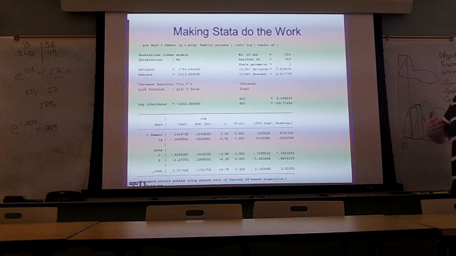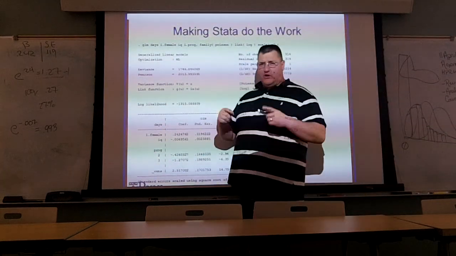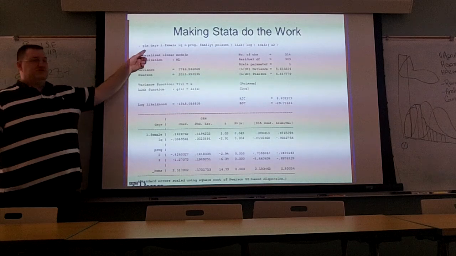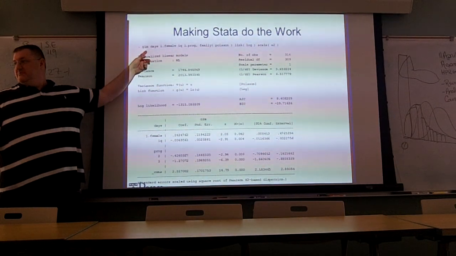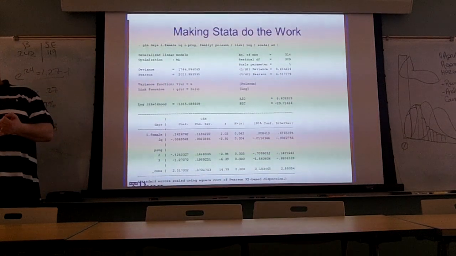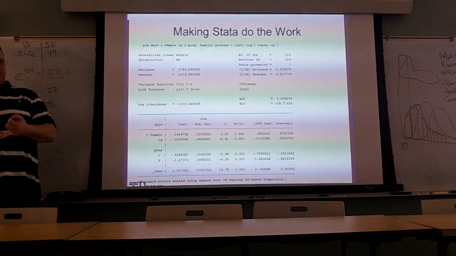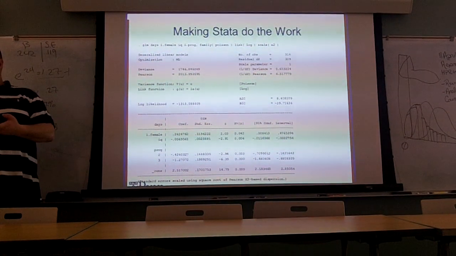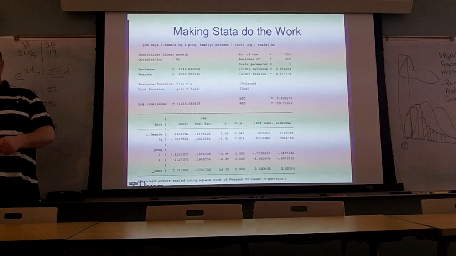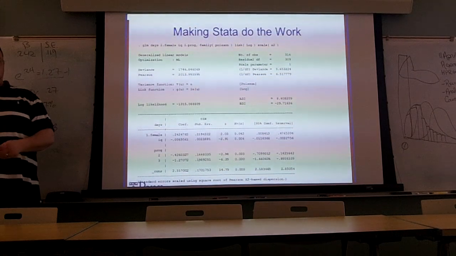The reason I'm showing you this is that if you're going to learn one modeling command in Stata, learn GLM. If you learn the GLM command, then you can do least squares regression, logistic regression, multinomial, Poisson, negative binomial, over-dispersed, because they're all the same thing.